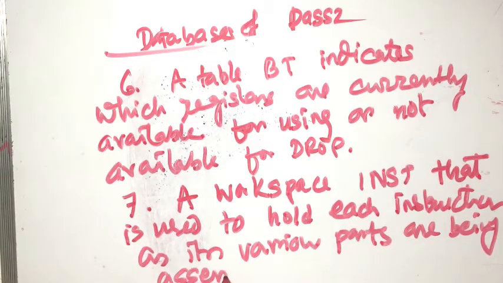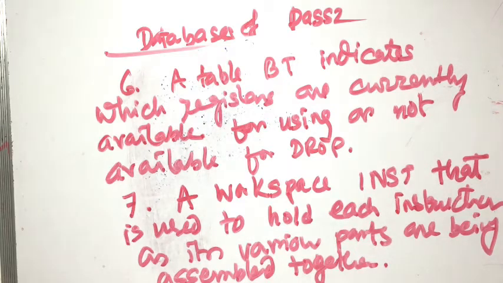So this is the output version of this assembler. It is used to hold the output one by one, because we know that every instruction is executed one by one. This workspace holds the output, the execution body of the assembly code.